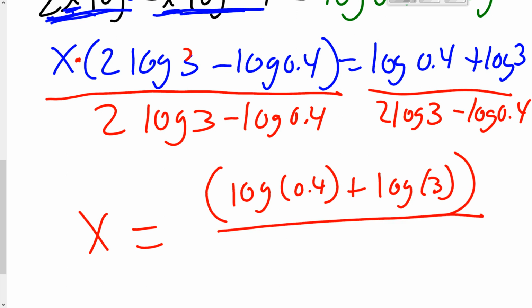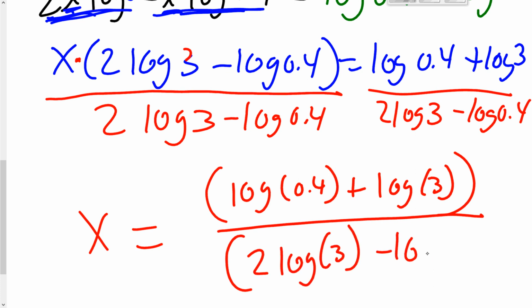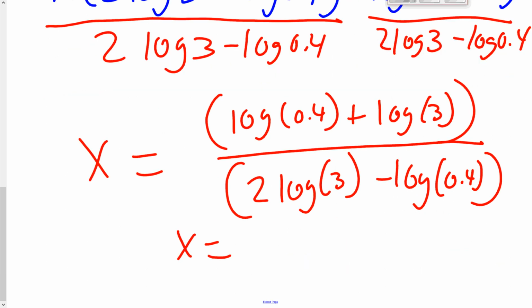Then I can hit divided by, open up a new parenthesis for my denominator, close this log, close this log, and then close your denominator. So you get x is equal to 0.0586, and so that's what it should be.